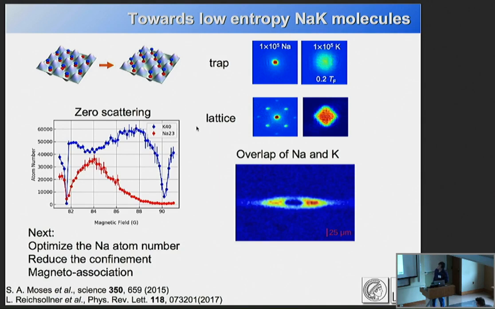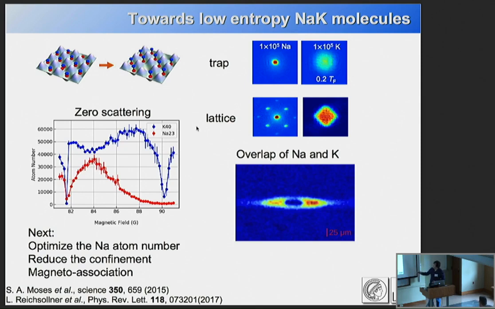We spent a few months to upgrade our setup so we can get reasonably cold sodium and potassium; before, our atom number was 10 times smaller. We also spent some time to automatically load atoms into the lattice, so we now get nice band mapping results for potassium, and also the superfluid to Mott insulator transition of sodium.